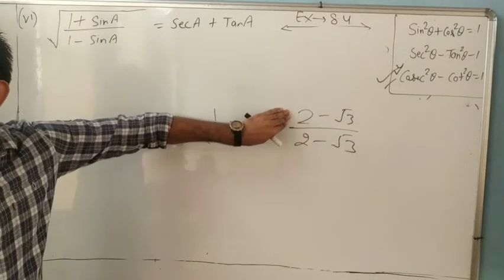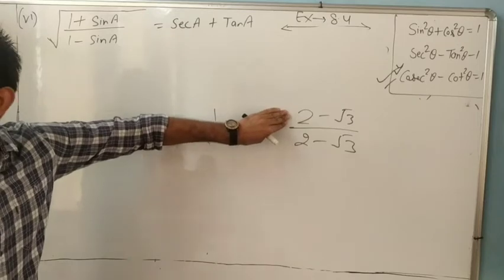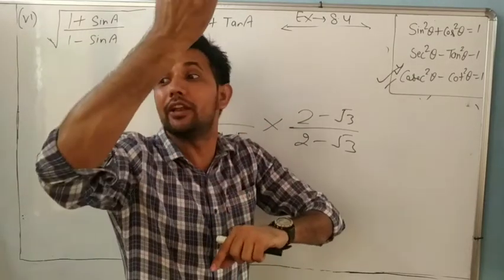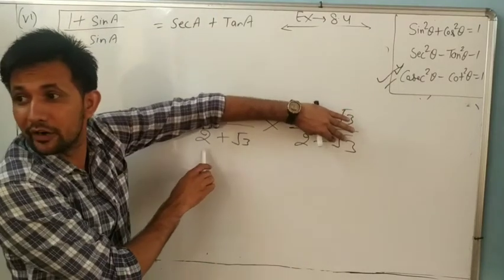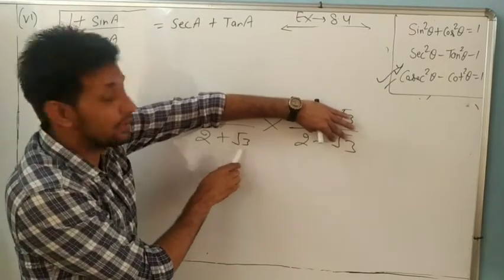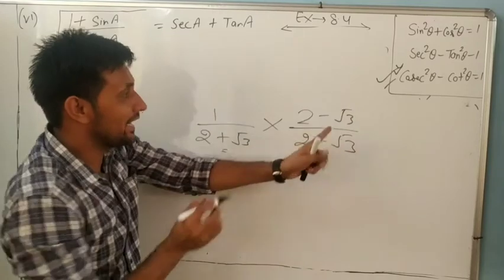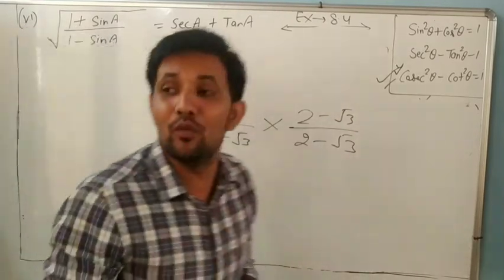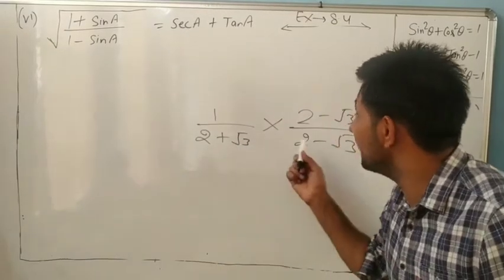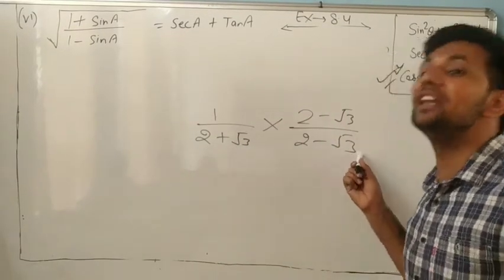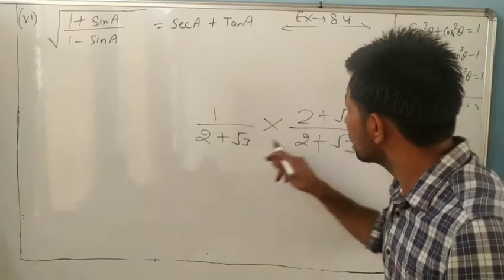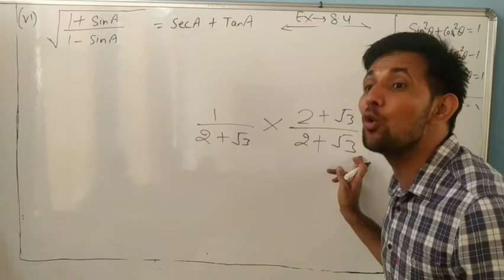The answer is not affected. Rationalization means, dear, if we are rationalizing the denominator, we check what the denominator is, 2 plus root 3, so change the sign and multiply and divide. Why? Because if we change the sign, we get a plus b, a minus b. That's why, because if we don't change the sign, it is the a plus b whole squared formula.